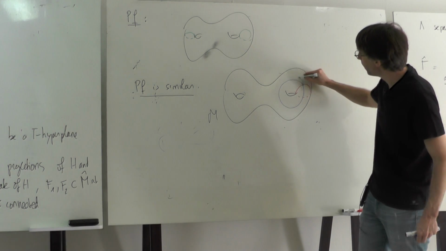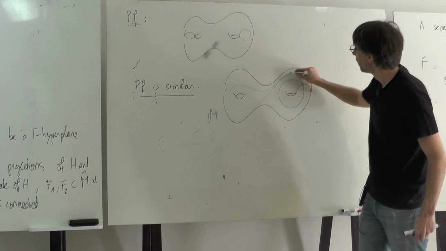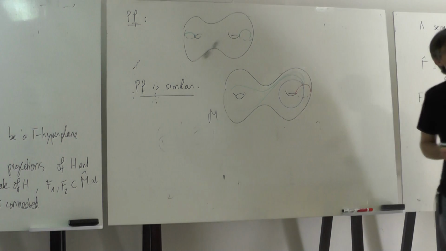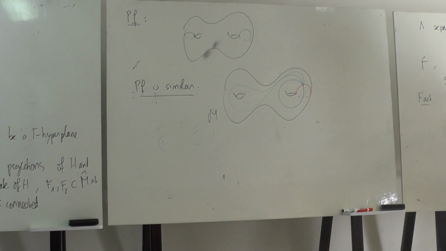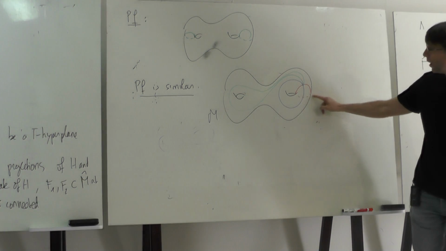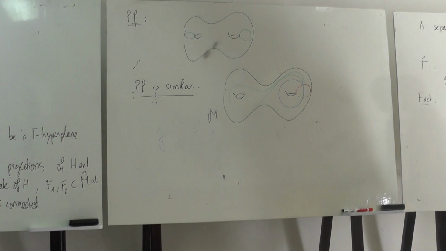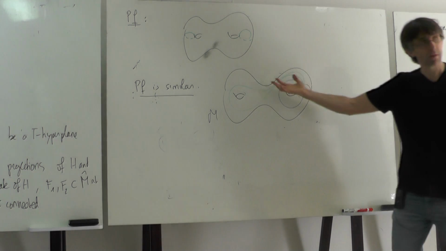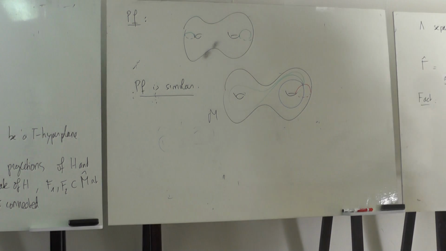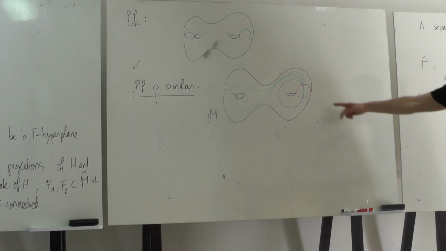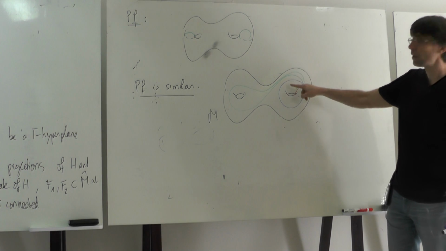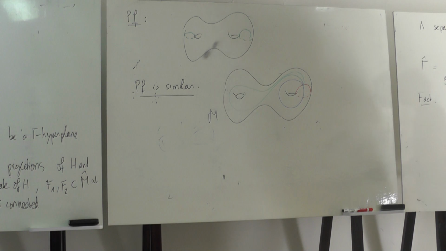You can find an element which has trivial intersection with F, but which is non-trivial in the group. So here again, of course it's false in a torus. So here again, you use hyperbolicity. And now you play the same game with the green and the blue element.